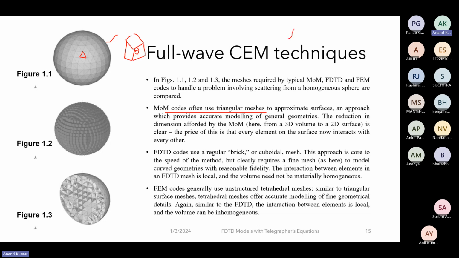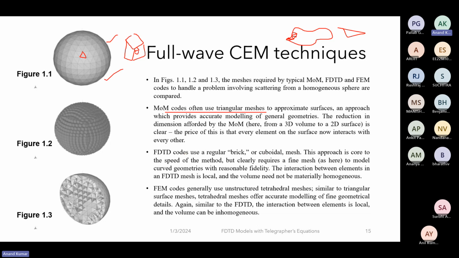If it is an irregular structure, even then triangles can be used. The triangles need not be equilateral or of the same dimension. It could be of any shape. Best are the scalene ones. And method of moments tends to discretize only the surface.